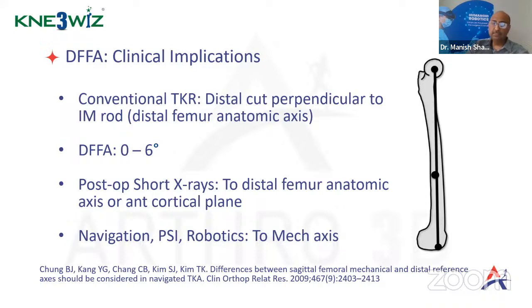That is why with navigation or with robotics, one needs to factor in and place the knee in some degree of flexion rather than aiming for a 0 degree to the mechanical axis in the lateral view.